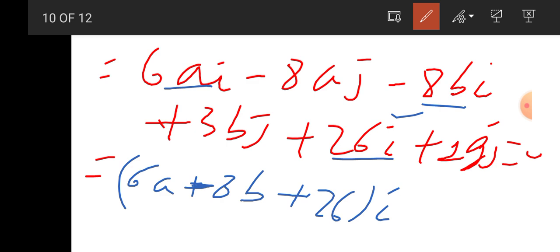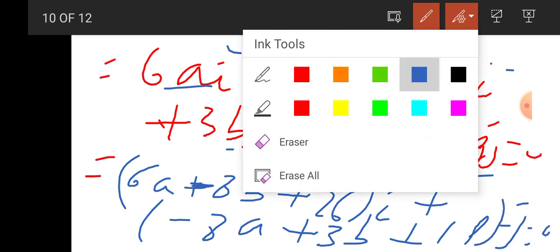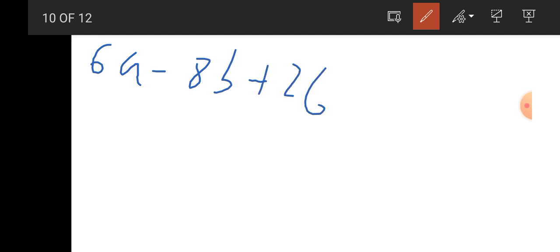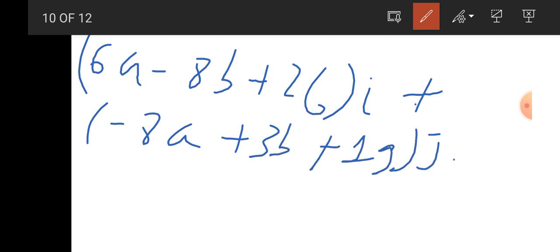I ነው። I plus አሁን ደግሞ J የሆነውን እንወስዳለን: minus 8A plus 3B plus 19 J is equal to 0. ይሄንን እንደገና ስጽፈው 6A minus 8B plus 26 in the I plus minus 8A plus 3B plus 19 in J direction is equal to 0.